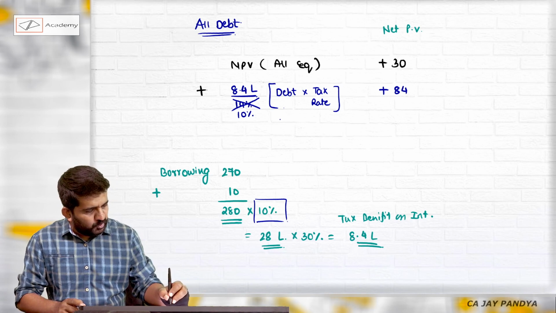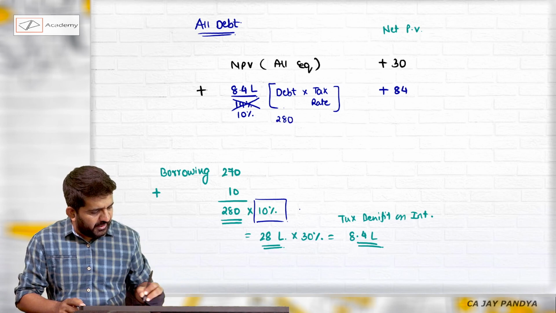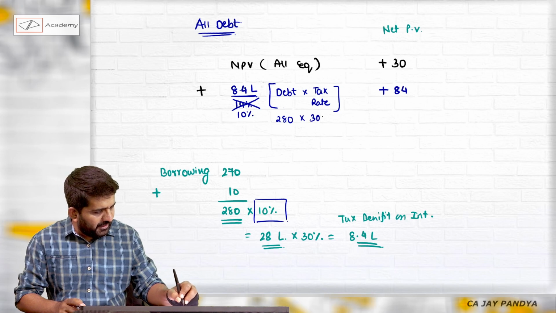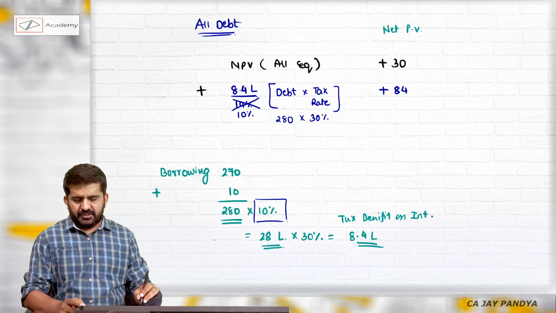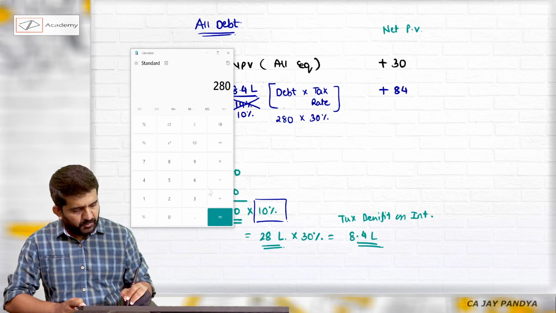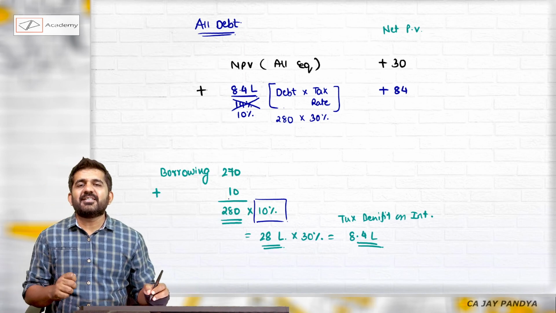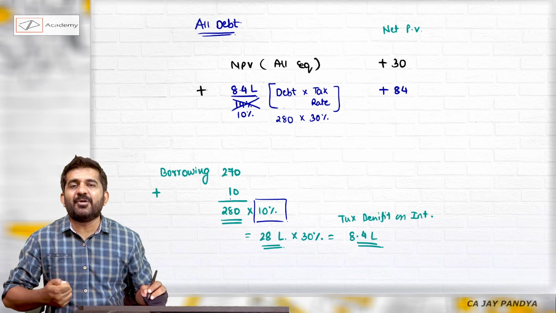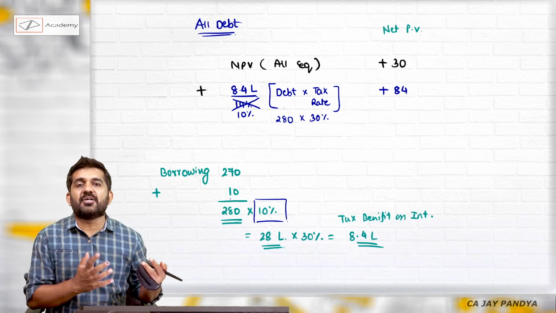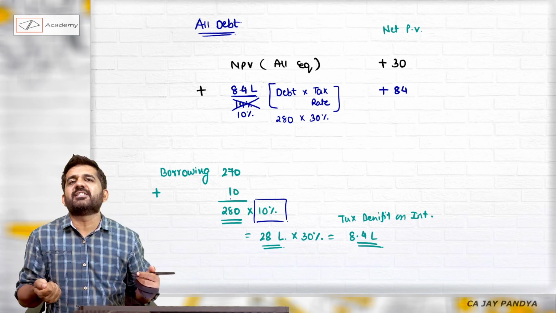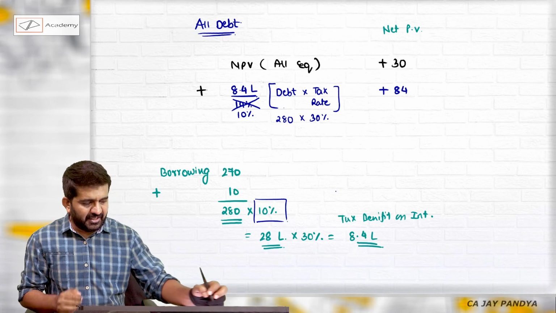What is the total debt we are borrowing? 280 multiplied by 30%, it is 84. It is nothing but present value of benefit of all the cash flow because of this debt. So this is plus 84.